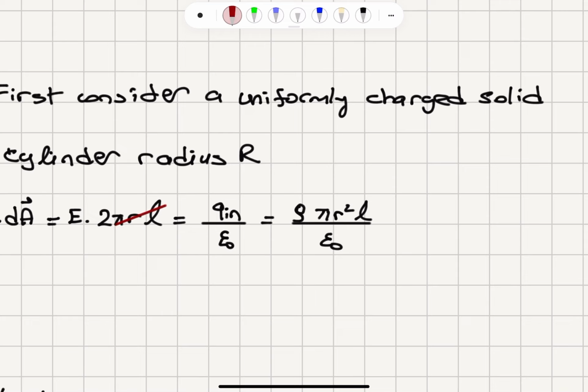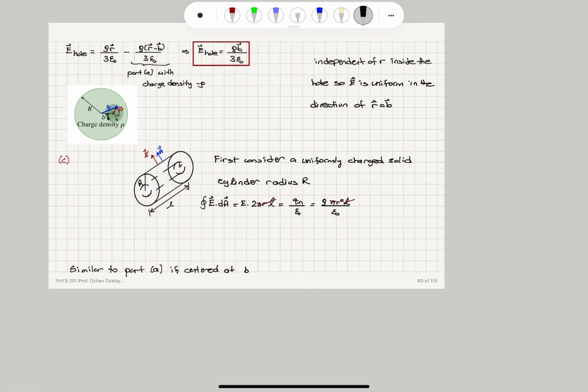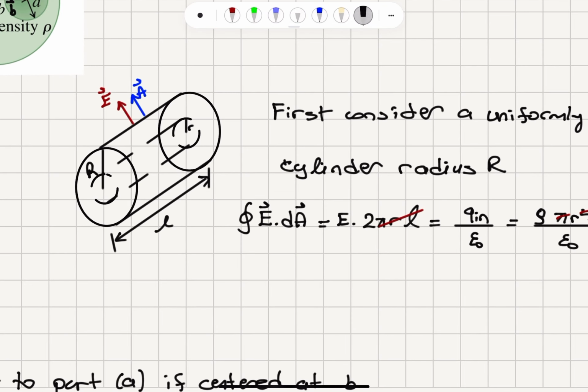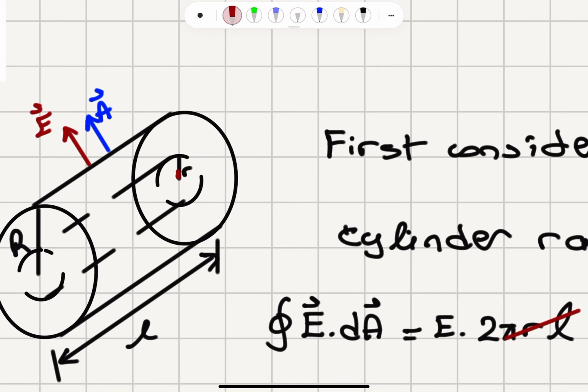So pi r L disappears from this side, and I'm left with an electric field E. I find for r less than capital R to be rho r divided by 2 epsilon 0. All right, so what is this vector r? R is r in r hat direction, so this is my r hat direction.